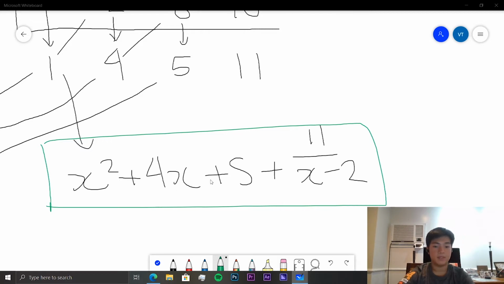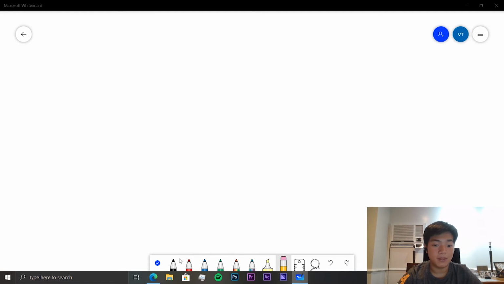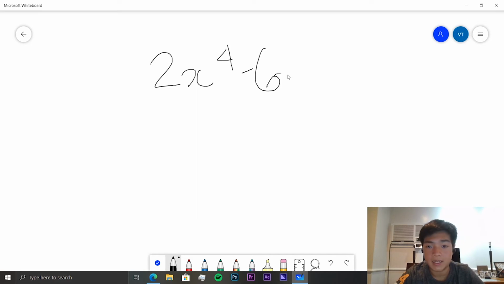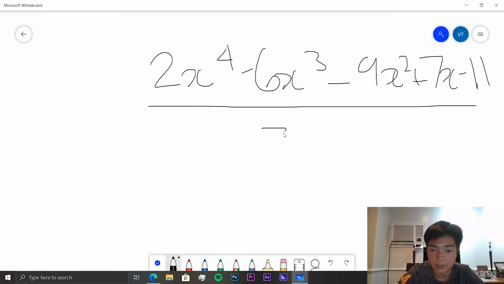Yeah. So let's try another example. Another example would be the polynomial 2x to the 4 minus 6x cubed minus 9x squared plus 7x minus 11, and we need to divide this by x minus 4.